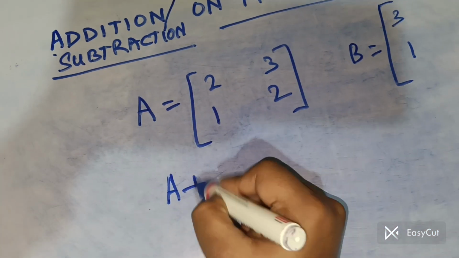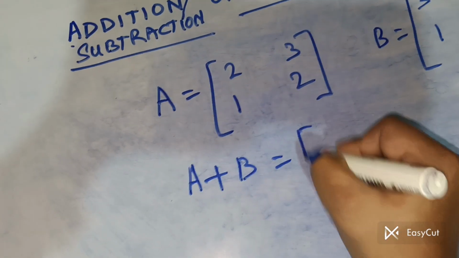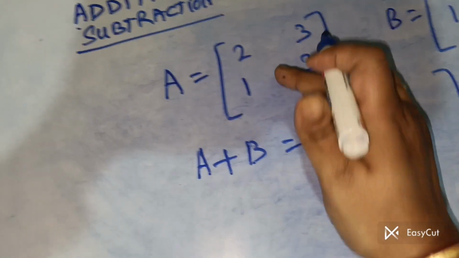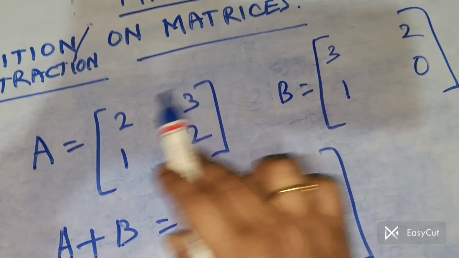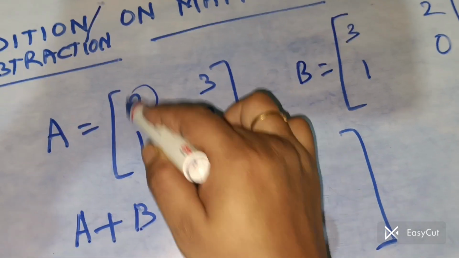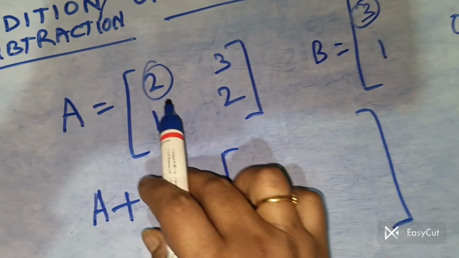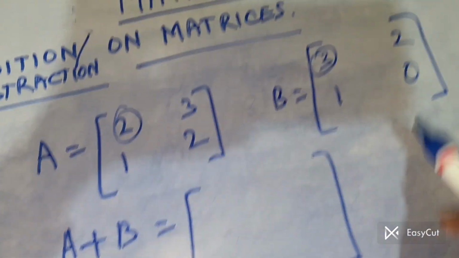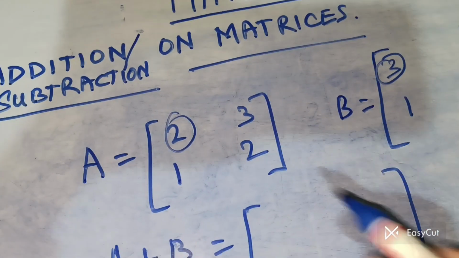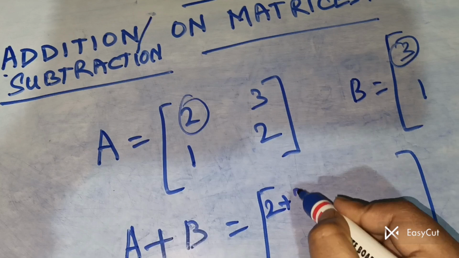If we add them, it will be A plus B. How do we add? What is the rule? We have to add the first row first column element of the first matrix to the first row first column element of the second matrix. That is, here it will be 2 plus 3.